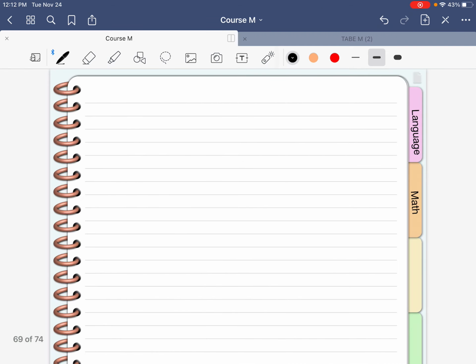Okay, let's do a few more. Maybe 4 more if I can fit those in. Example. Round 4.069503, and let's count these places. There's tenths, hundredths, thousandths, ten-thousandths, hundred-thousandths, millionths.